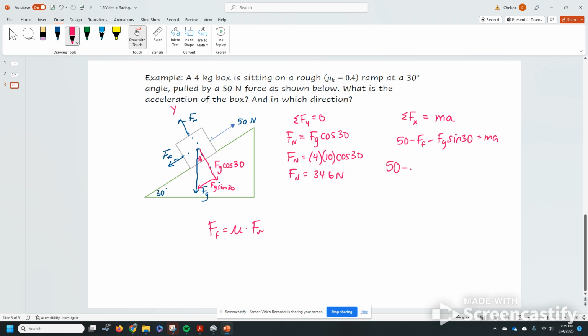So 50 minus 0.4 times 34.6 minus the weight, so 4 kilograms times g, round that up to 10, equals 4 times our acceleration. Subtract all those things, and we get about 16.16 equals 4 times my acceleration. Divide everything by 4, and we get 4.04 meters per second squared is my acceleration.